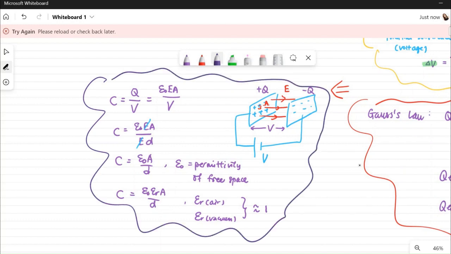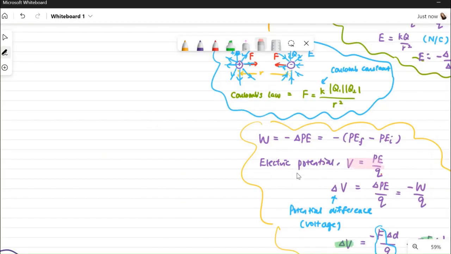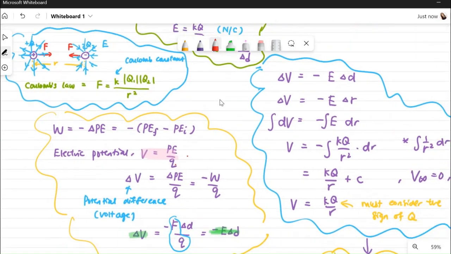Okay, so this is capacitance. We know that the electric potential V is defined as potential energy per unit charge, that is V equals PE over Q. If we rewrite the expression, it can be written as PE equals QV, where V is the electric potential due to a point charge.